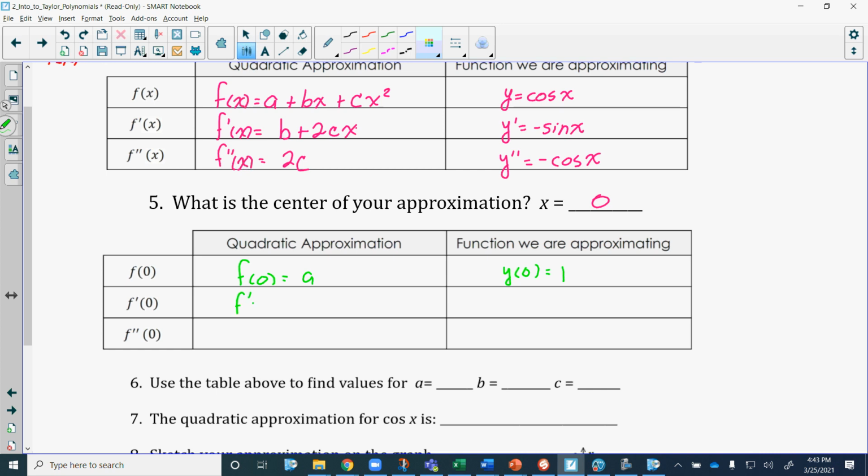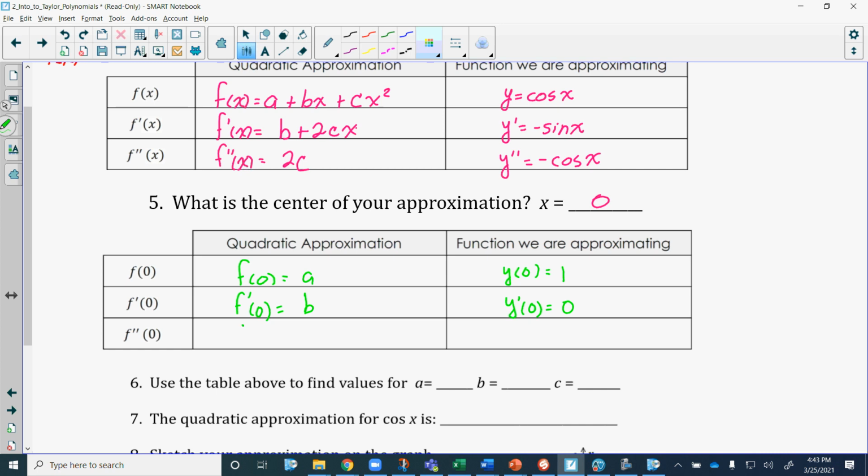F prime of 0: if I substitute 0 again for x into the first derivative, c times 0 is going to cancel out. It's going to become 0, and I'm going to be left with b. But the first derivative y prime of 0 for negative sine of x is going to be 0.